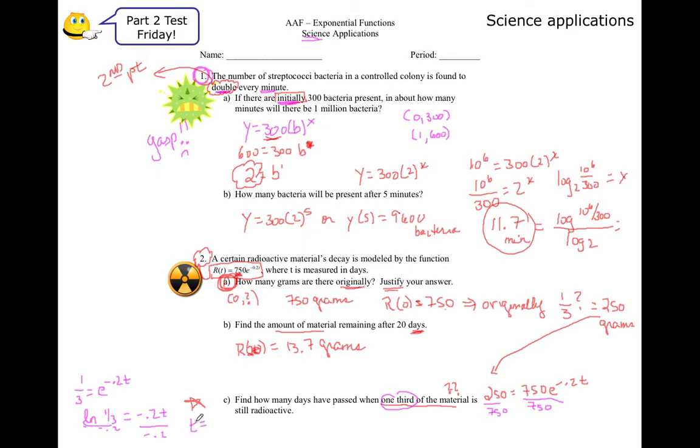So on my calculator, I hit ln 1/3, and then I divide by negative 0.2, and I got 5.5. 5.5 what?